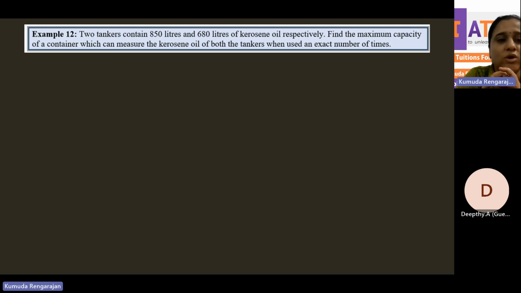The first tank has 850 liters of kerosene oil, and the second tank has 680 liters. Find the maximum capacity of a container which can measure the kerosene oil of both the tankers when used an exact number of times. So we'll understand what the question means.